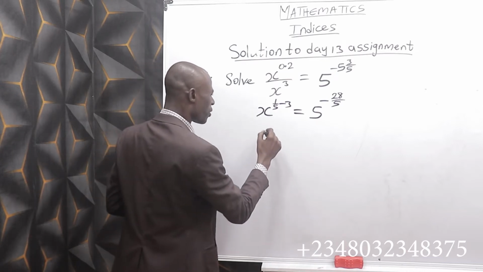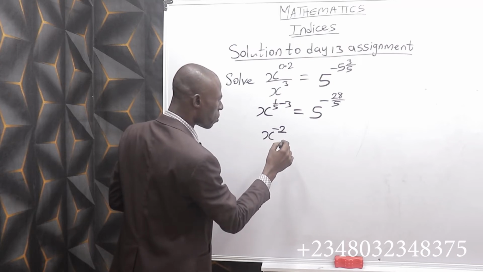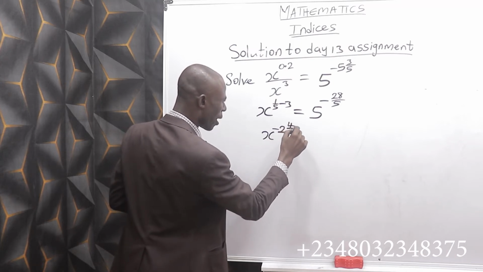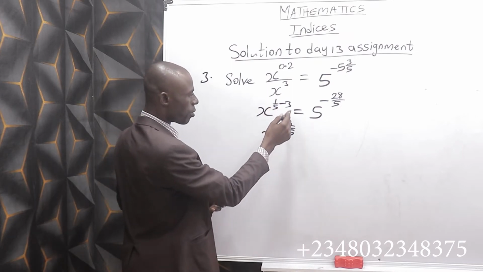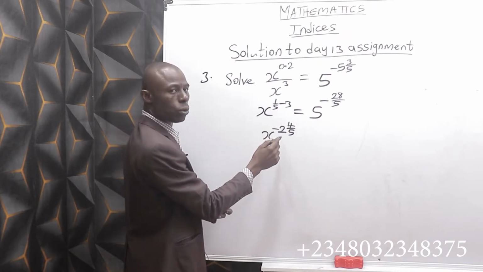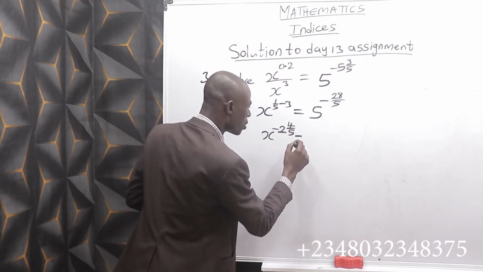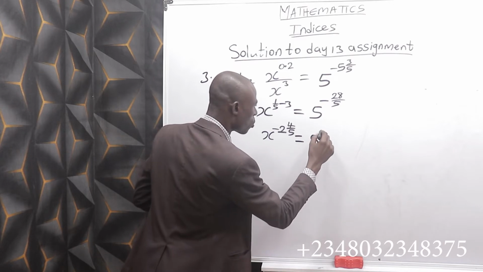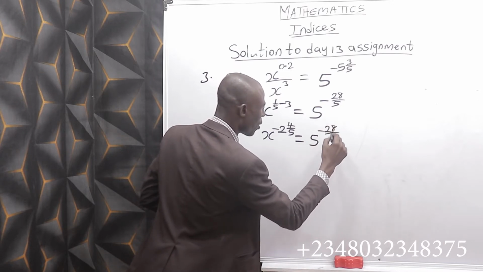Now, x raised to power negative 2 whole number 4 over 5. Resolving 1 over 5 minus 3 gives you negative 2 whole number 4 over 5, which is equal to 5 raised to power negative 28 over 5.